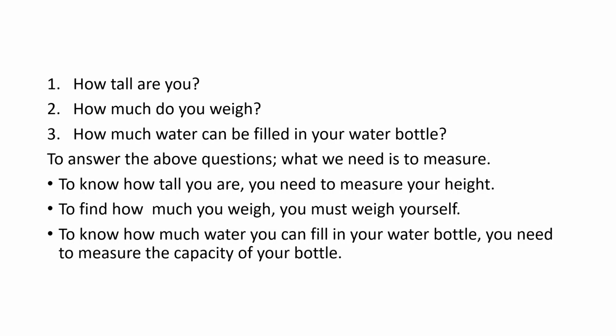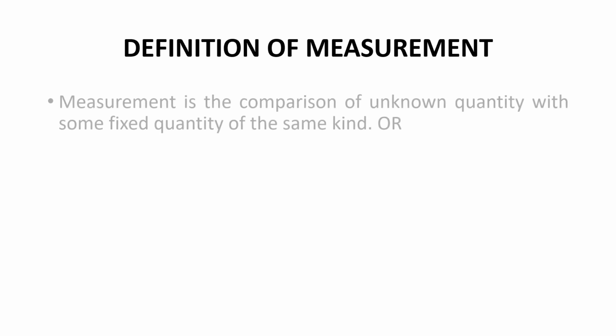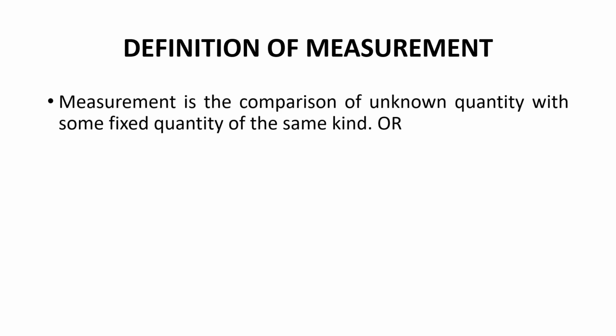So to begin, the first lesson, what exactly is measurement? In other words, how will you define measurement? Measurement is the comparison of unknown quantity with the fixed quantity of the same kind.